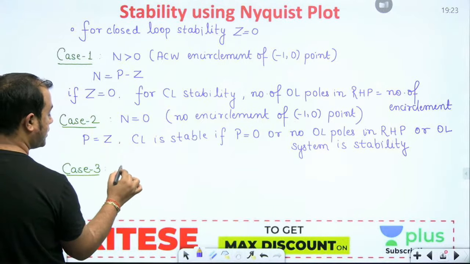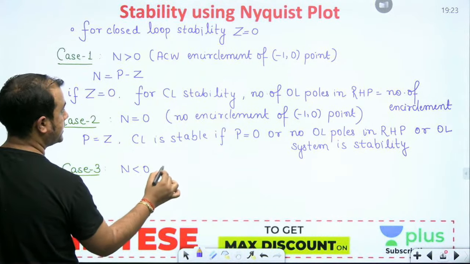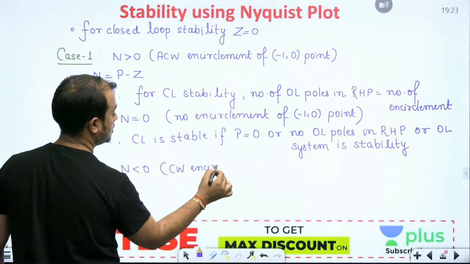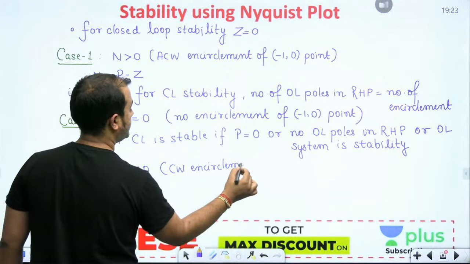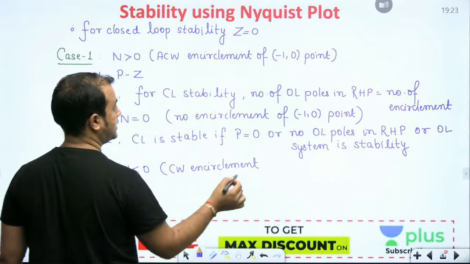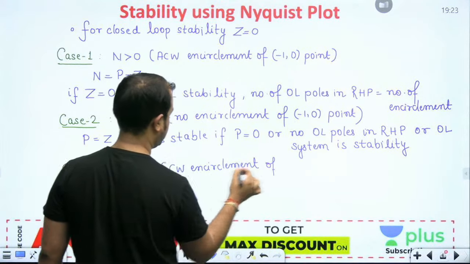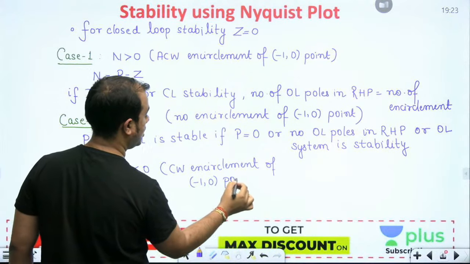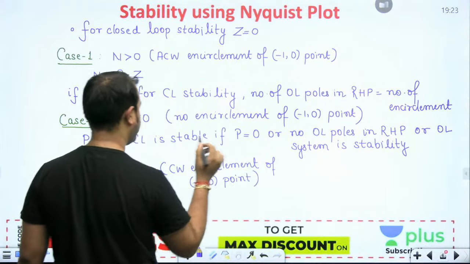Case 3, N less than 0. Clockwise encirclement of the -1, 0 point.